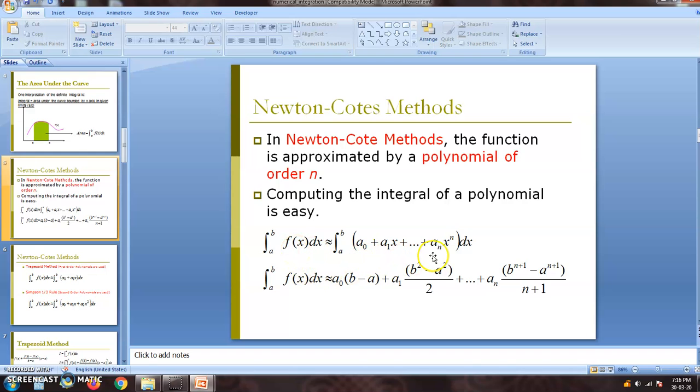So it is an approximation. If we suggest this polynomial, we can easily integrate it as a0 into b minus a, plus a1 into b square minus a square upon 2, by putting the upper and lower limits, and we can evaluate this.